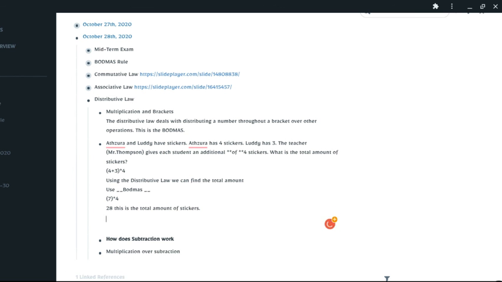But the general form, because remember, in every law, we made a general form. So we need to make a general form for distributive law.